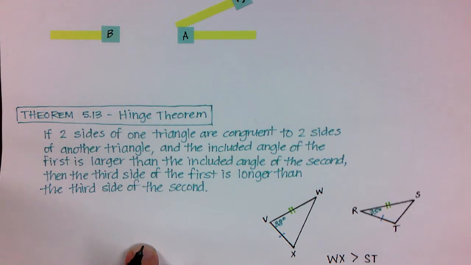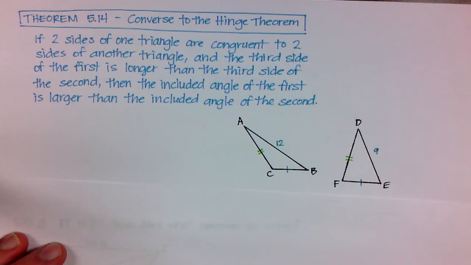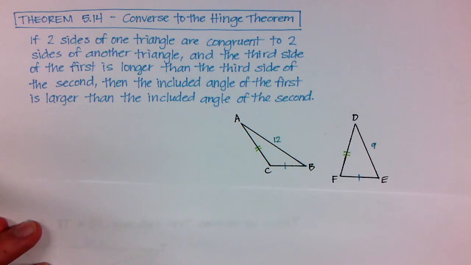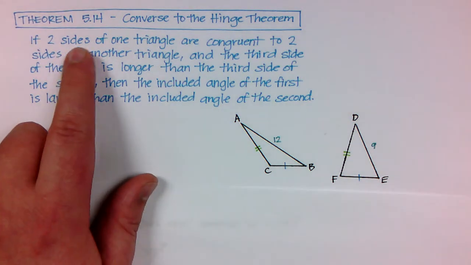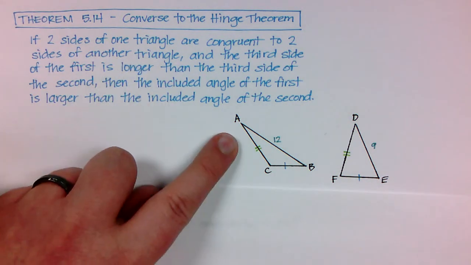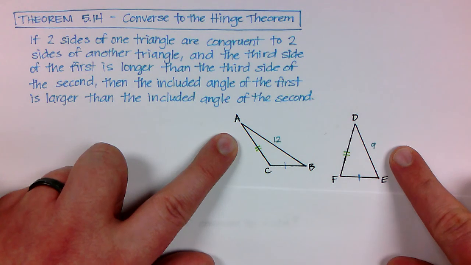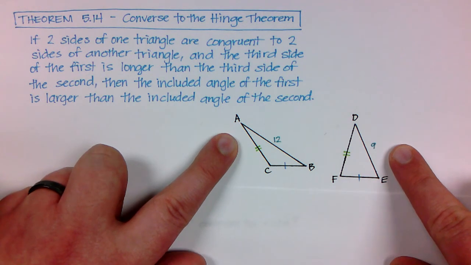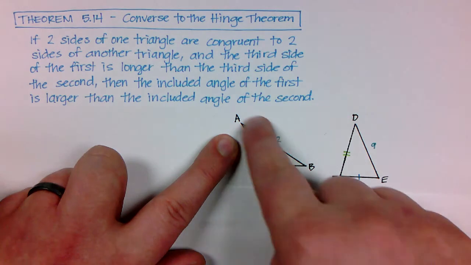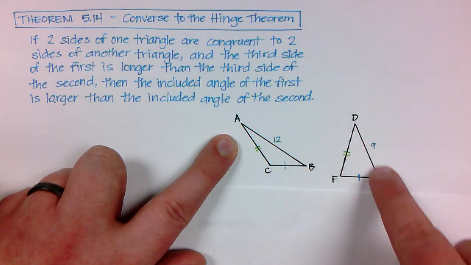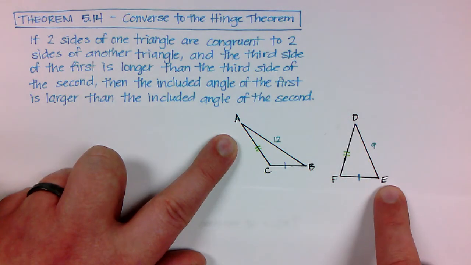There is a converse to this theorem, and it is theorem 5.14, the converse to the hinge theorem. And it's very, very similar the way that it starts out. You're going to, again, have two sides of one triangle congruent to two sides of another triangle. But this time, we're given that the third side in the first triangle is bigger than the third side in our second triangle.